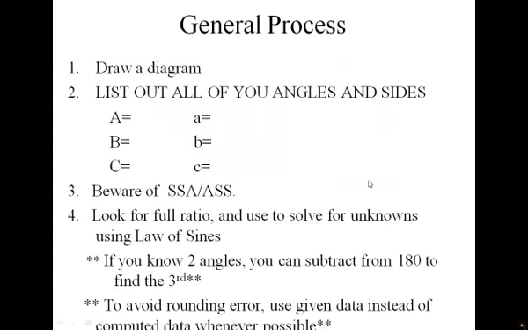Here are the steps that we're going to be using to solve these problems, and I will do an example of this using these steps exactly. The hardest thing about this is to be aware of SSA or ASS, and what we are going to be doing is skipping over any problems that you come across in your homework that have an ASS or SSA pattern.